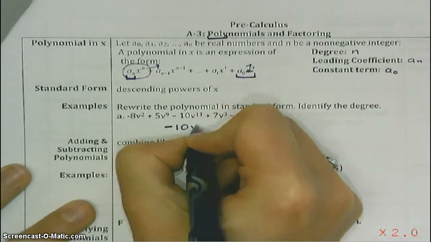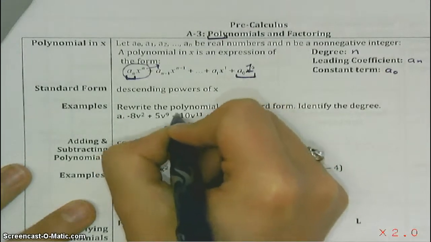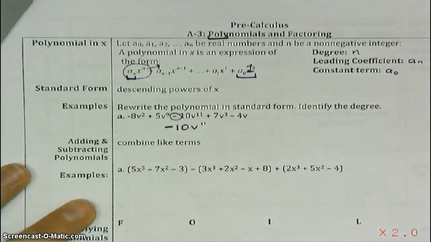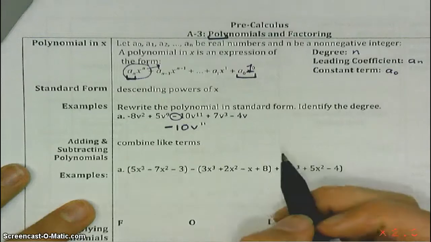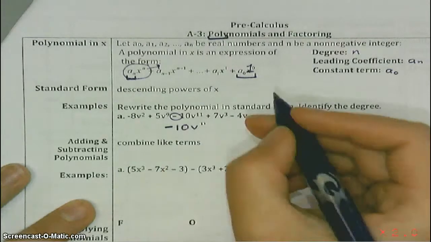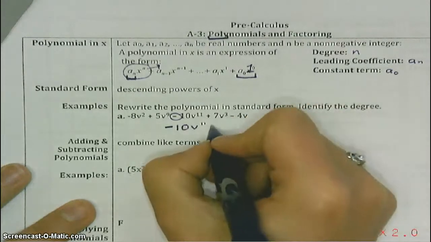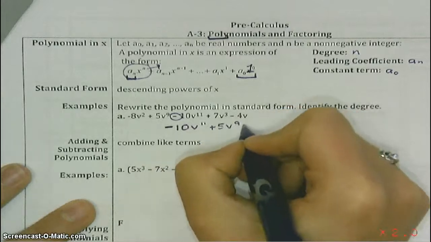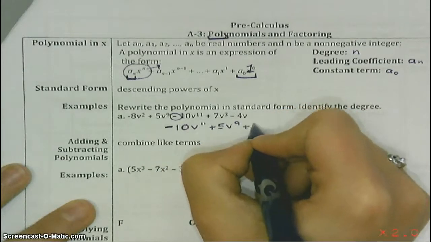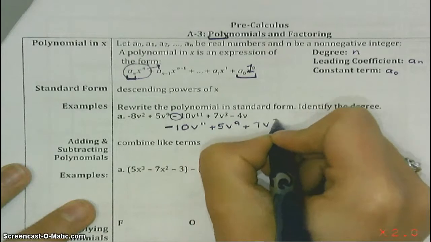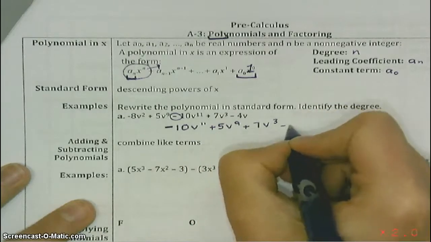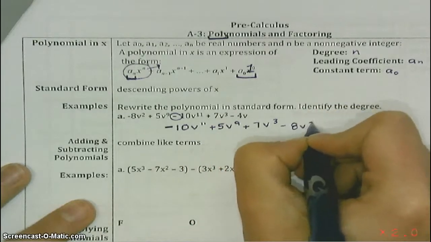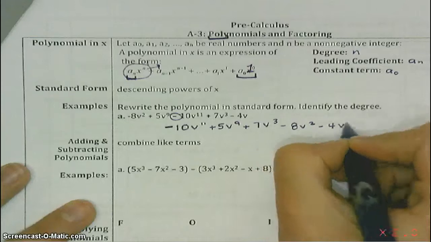Keep in mind that when you rewrite it, you also need to carry the sign along with your term, so that's why I took the negative with the 10. Then the next highest term is going to be the 5v to the 9th, and it's positive, followed by 7v to the 3rd, then negative 8v squared, minus 4v. And there you have standard form.